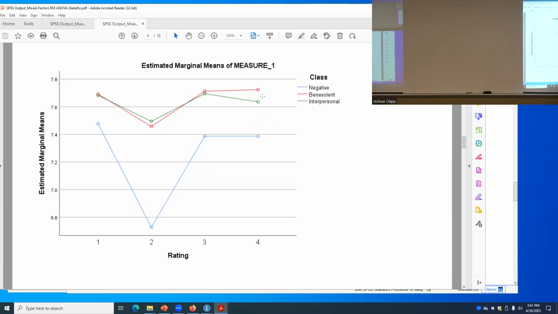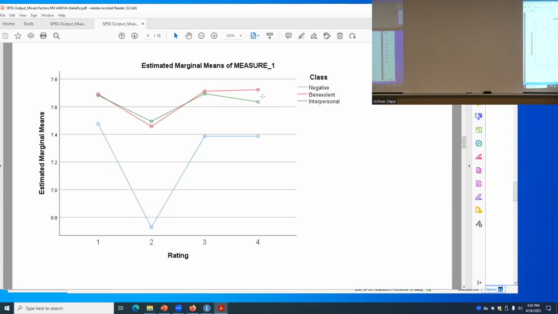It looks like negative has a pretty steep decrease at the second time point. And what do people remember that second effect was? This is my combat folks, right? So it looks like we're getting a pretty substantial reduction there. Certainly just eyeballing things, it looks like there's a pretty big difference there.